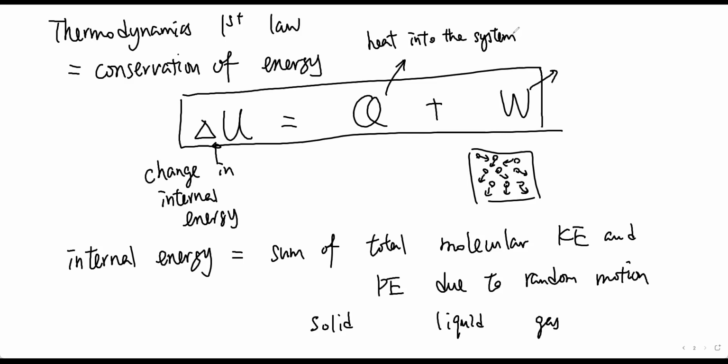You do not just mention heat, because it can be the heat supplied by a system or to a system. The heat into the system means the system gains energy by heating.